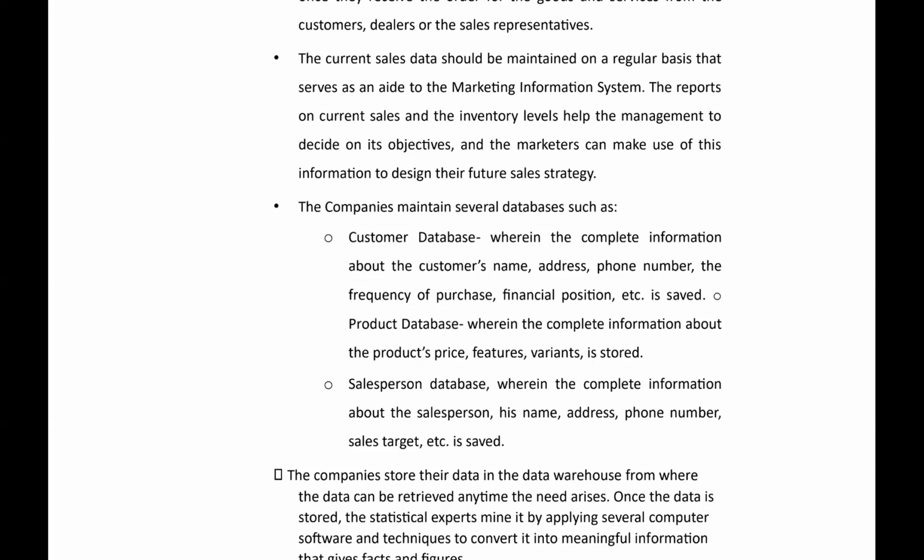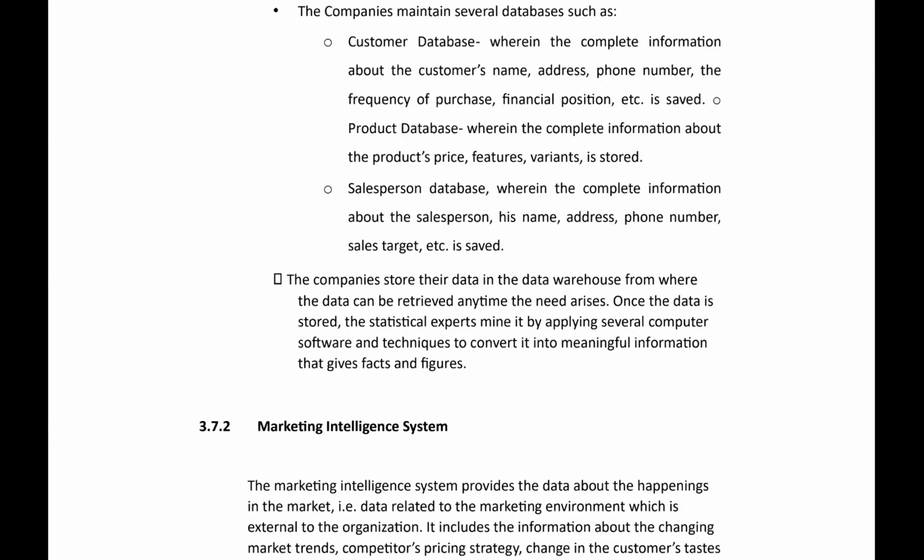Then the product database is where the complete information about the product prices, their features, and their variants is stored. And the salesperson database is where the complete information about the salesperson, their name, address, phone number, and their sales target is also saved. So the company will store all these data.